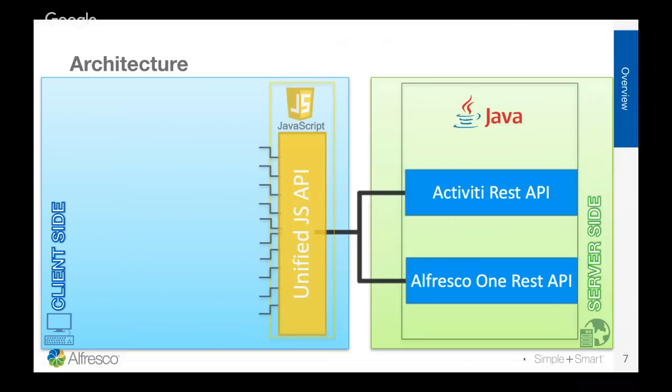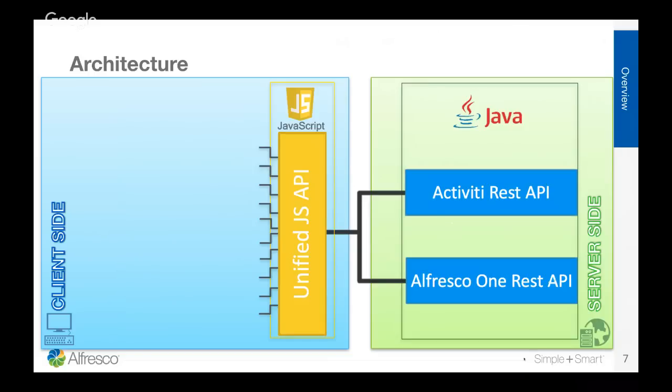What we have done is build a layer on top of these two APIs, which is the Alfresco JavaScript API. And this API, first of all, wraps all the calls of the Activiti REST API and Alfresco One REST API, but also brings consistency between these two platforms.